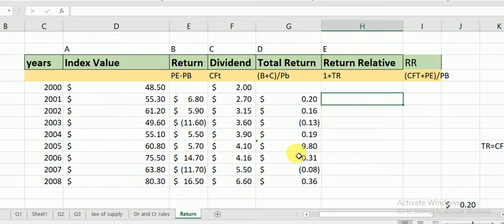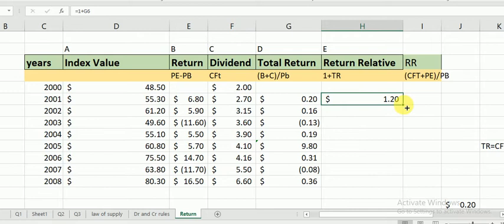So for the returns relative, how we can do this is: equal sign, 1 plus this total returns, and enter. So that is equal to 1.20.